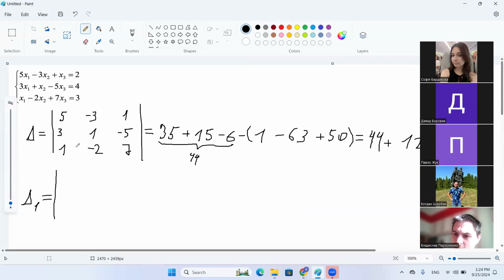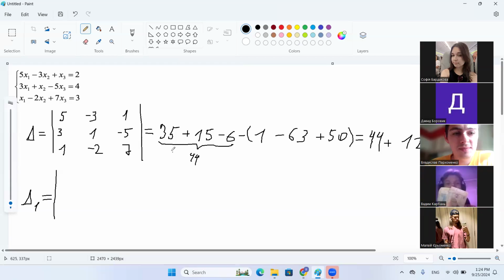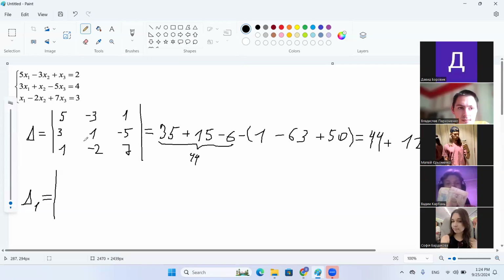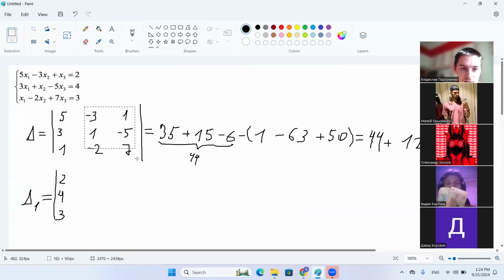David was raising his hand. As I remember, we changed the first column with 2, 4, and 3. So now we get 2, minus 3, 1. Let's just replace this column, and everything else doesn't change, we'll just copy and paste it. Yes, save our time.